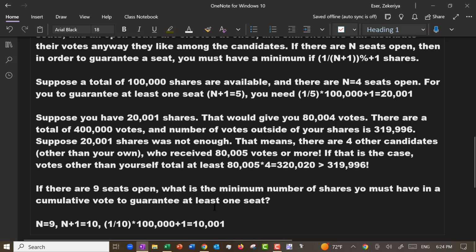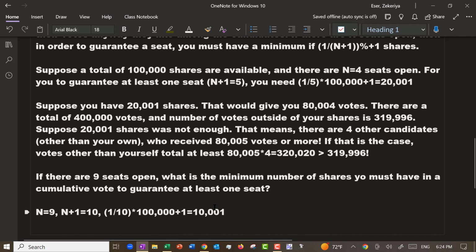Which one is more democratic, cumulative or straight? Why? You're thinking about democracy as majority winning. The concept of democracy is more like, yes, the majority should win, but we should also protect the rights of the minorities.